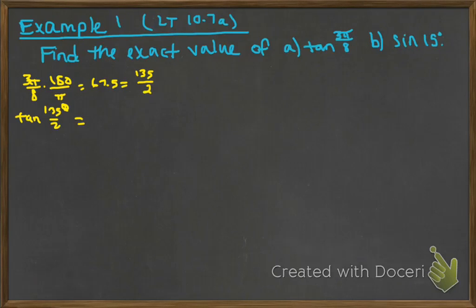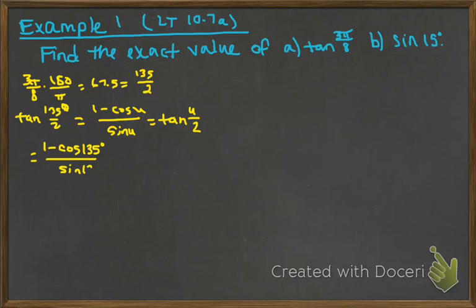So I'm just going to use 1 minus the cosine of u all over the sine of u, and that is equal to the tangent of u over 2. That u value comes from the top number, meaning in this problem, the u value is going to be 135. So if I plug that in, I get 1 minus the cosine of 135 degrees over the sine of 135 degrees.